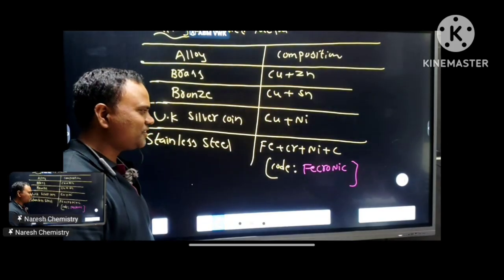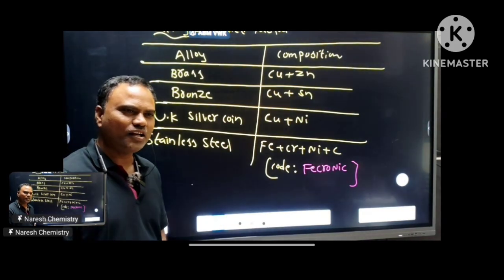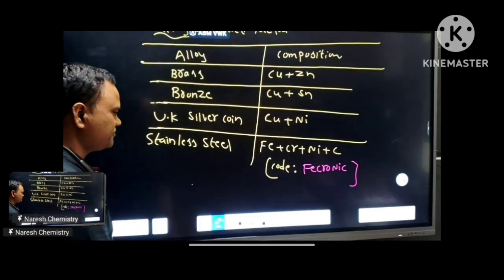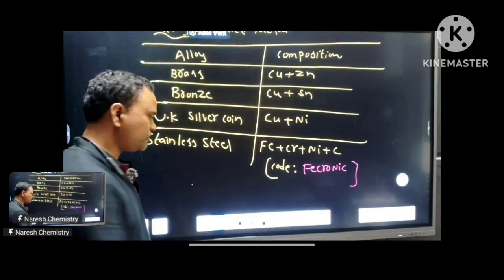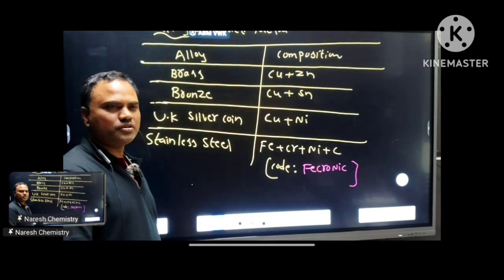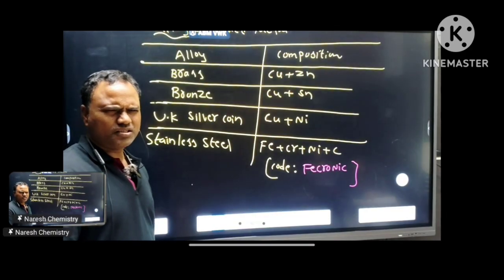Iron, chromium, nickel, carbon. Important. Stainless steel composition. Because we use stainless steel in our day-to-day life. Glass, plates, glasses.